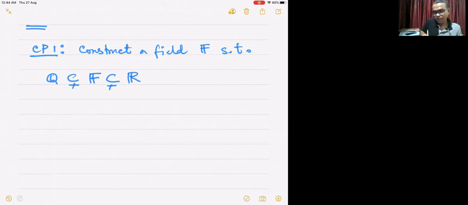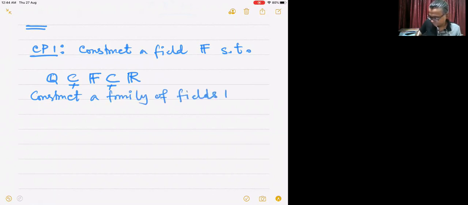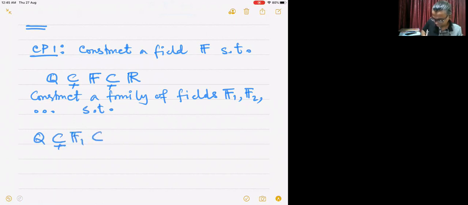If you can do it, then together with that, please also construct a family of fields F1, F2, dot, dot, dot, such that Q is a subfield of F1, a subfield of F2, and finally a subfield of R. Do this.